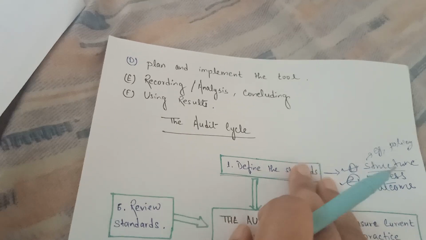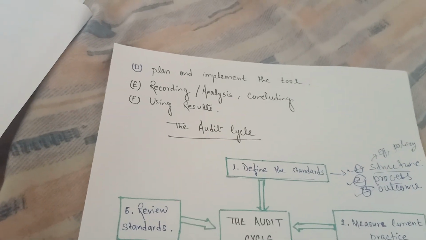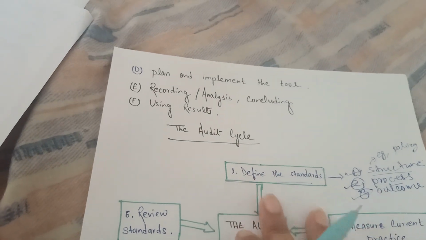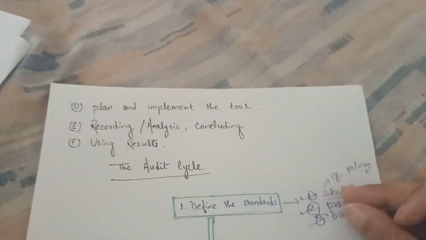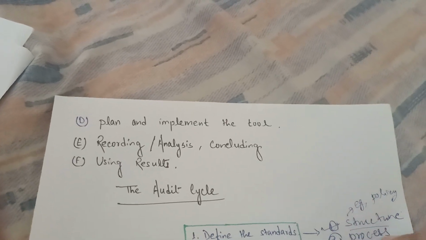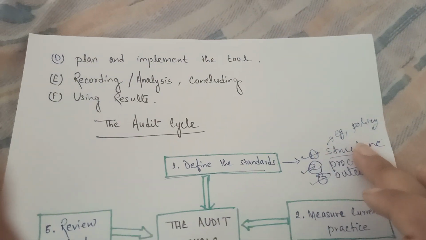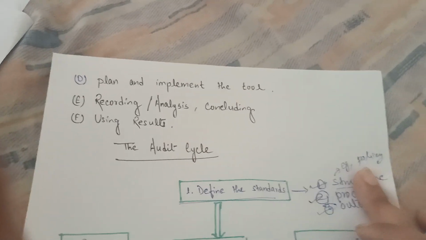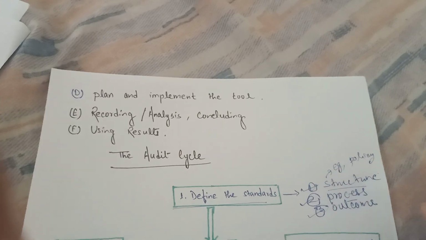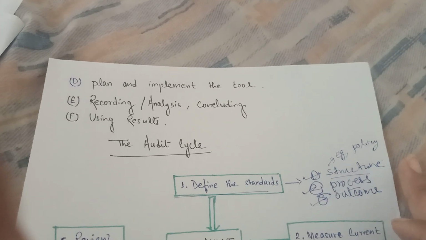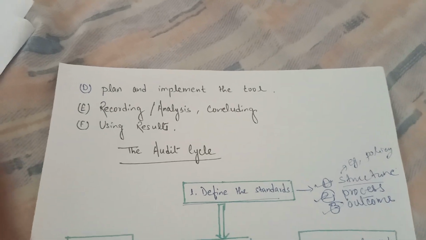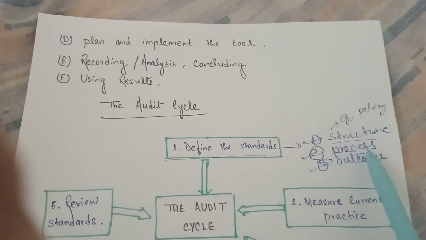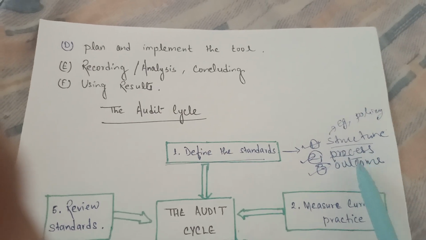So how you define standards through these three elements. In structure, environmental elements required to deliver care, like I told you, policy, procedures, clinic setting, equipment, record keeping system, etc. And in process, professional elements required to deliver care.